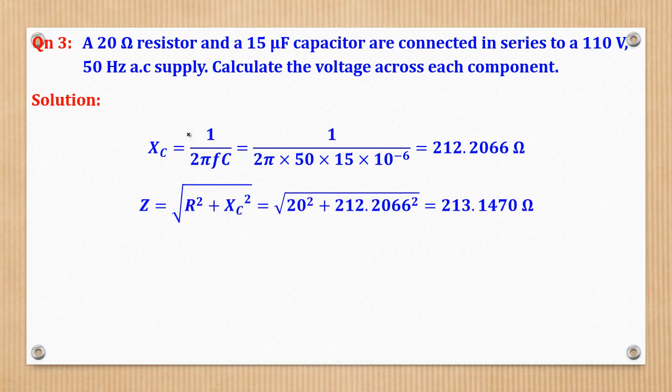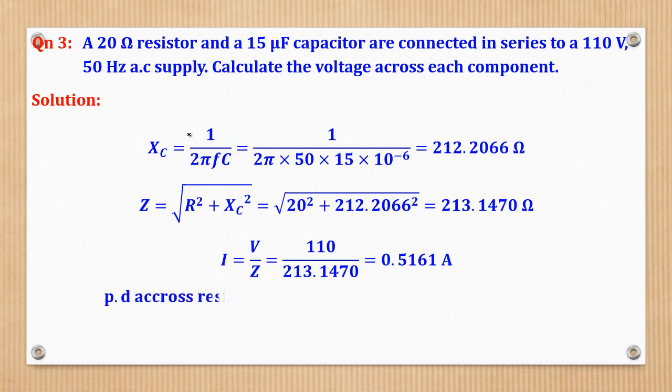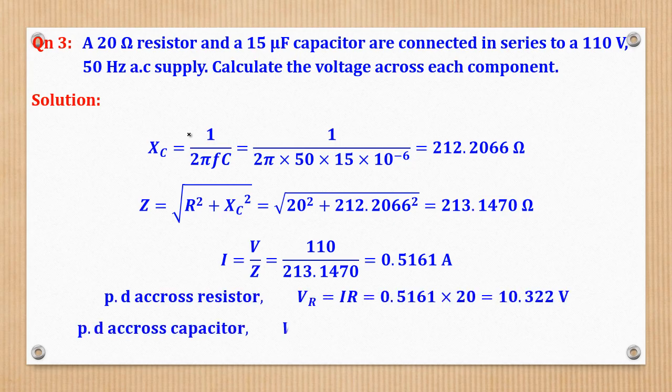Then from impedance we first get the total current. After the total current, you can now get the PD across the resistor, and then lastly the PD across the capacitor. So I think you realize the specifications are somewhat similar to the ones of the RL circuit. By this time, what you have done is replaced the inductor with a capacitor.